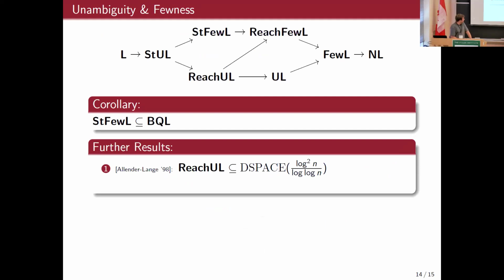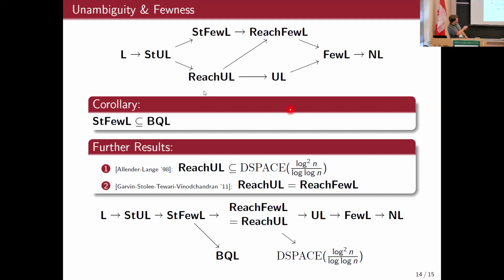And I already mentioned this classical result. Eric Allender and Klaus Lange showed that reach UL is contained in DSPACE of log squared n over log log n. And then later, Garvin, Stoli, Devari, and Vinod-Chandran showed that reach UL is equal to reach few L. So there being only polynomially many paths starting from S doesn't make the problem any more difficult than if there is only one path from S to any other vertex.